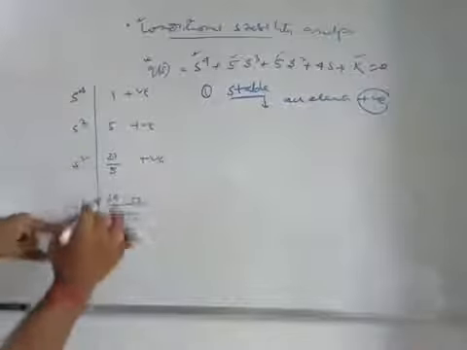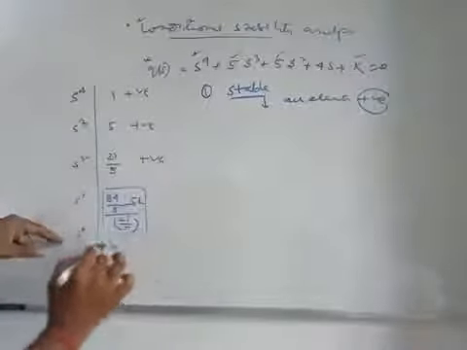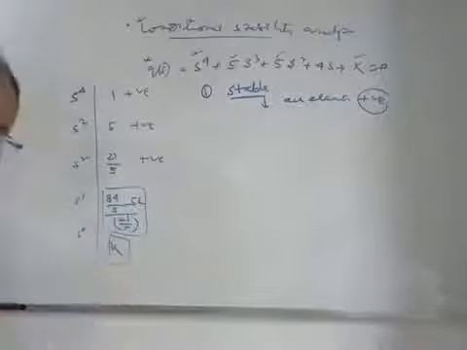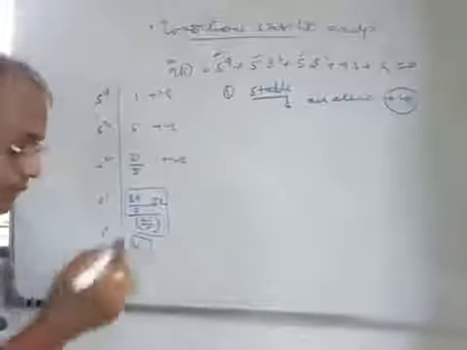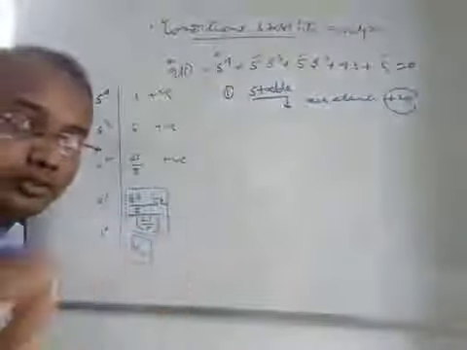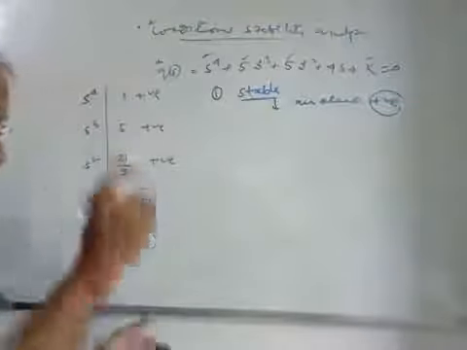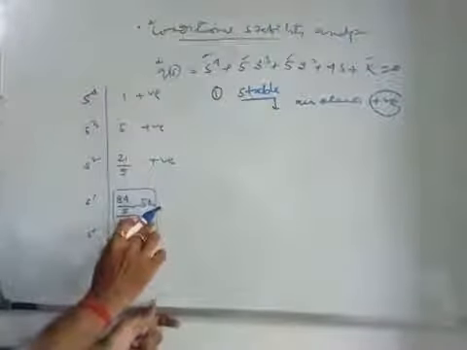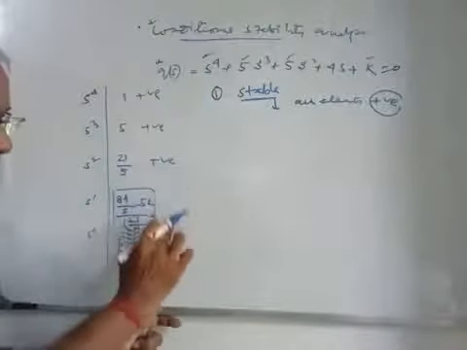These are functions. This is a function of k, this is also a function of k, right? So definitely this must be greater than 0 in order to have this element positive.